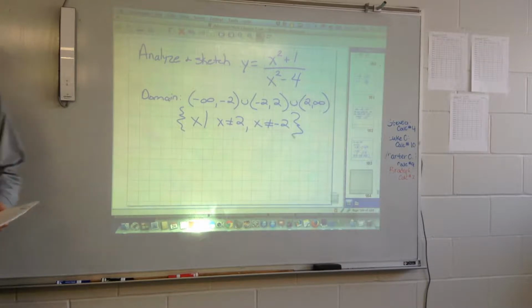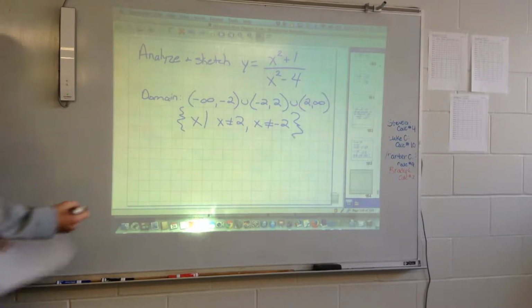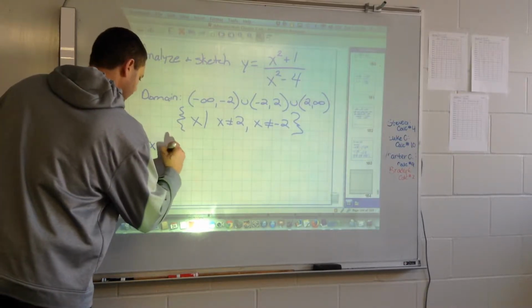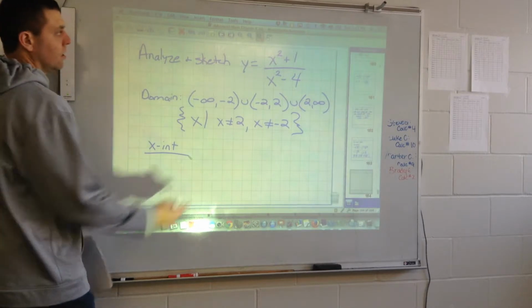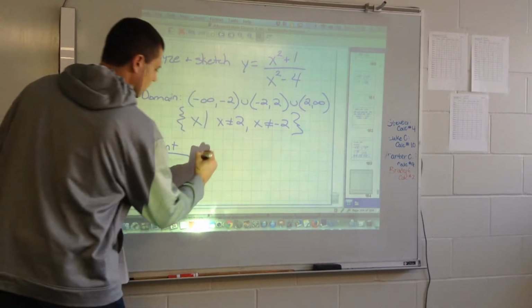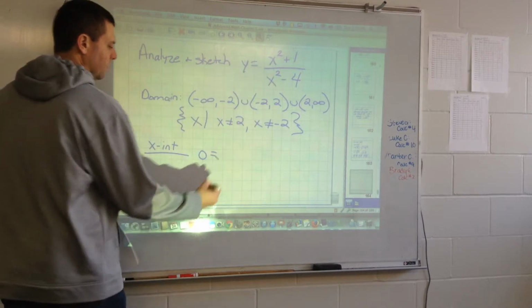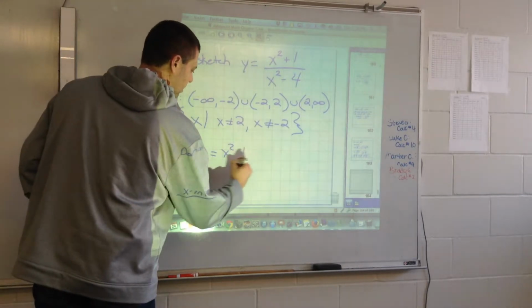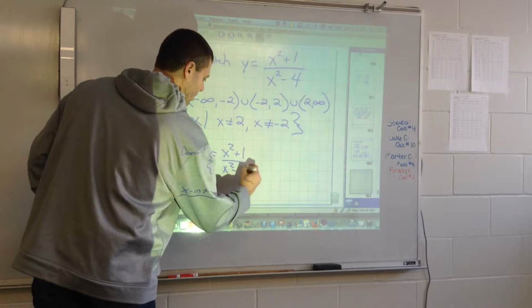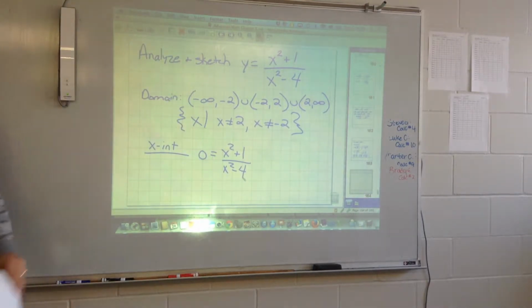X-intercepts. How do you find x-intercepts? Make y equal to 0, solve for x. X-intercepts do not exist if you make y equal to 0 and set that equal. In order for a fraction to equal 0, the numerator would have to equal 0.